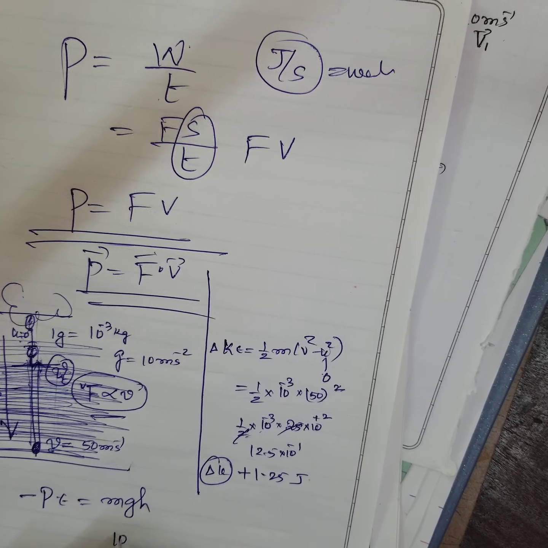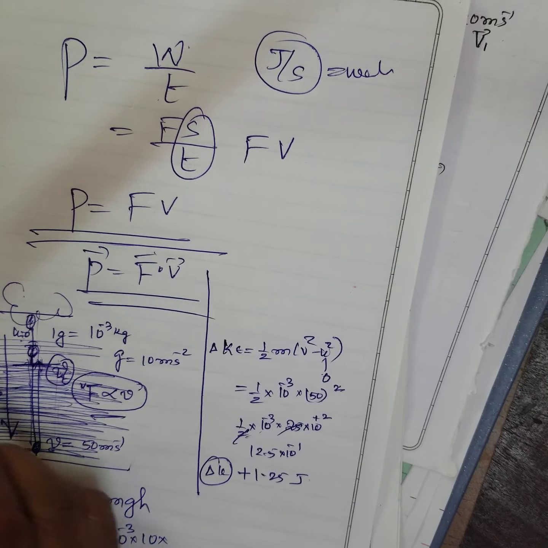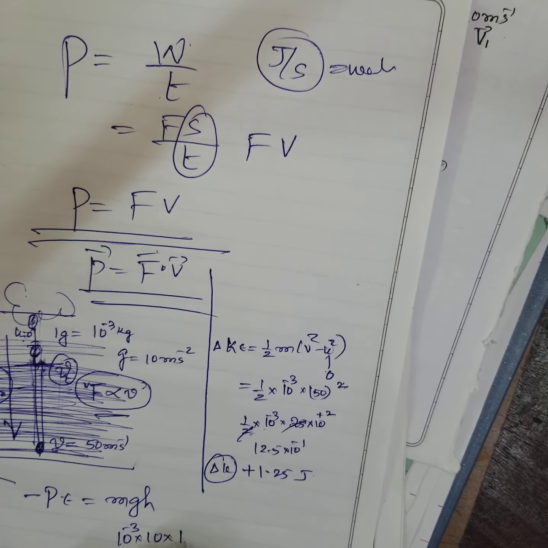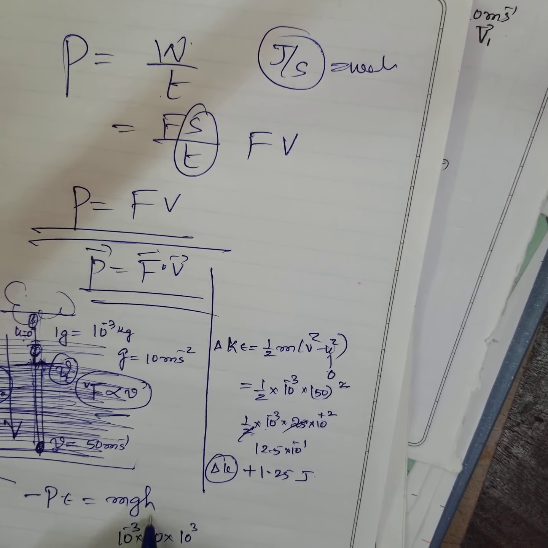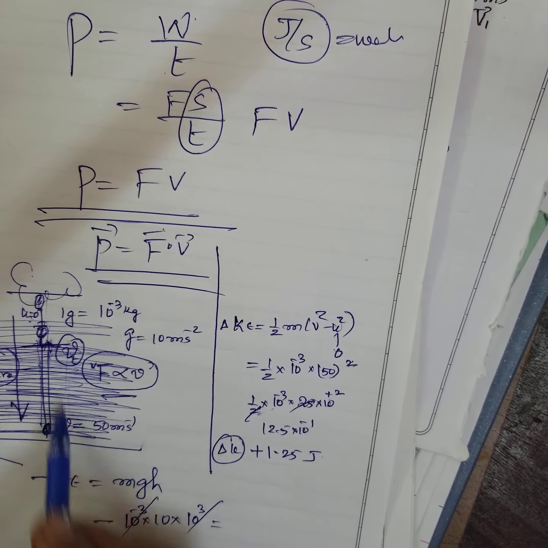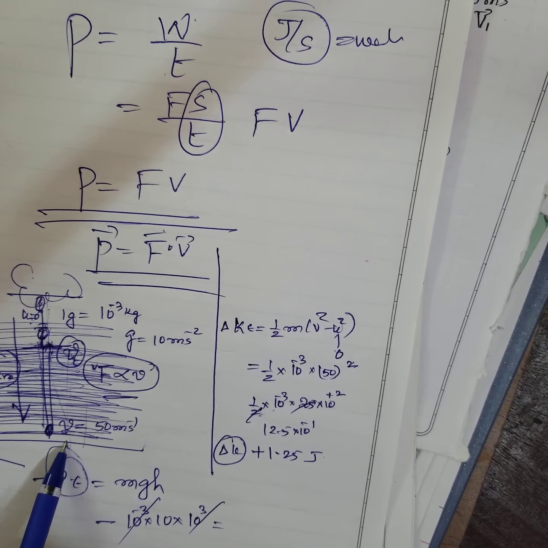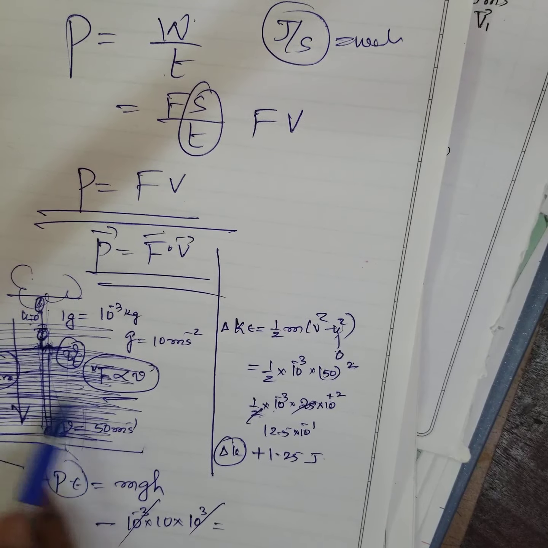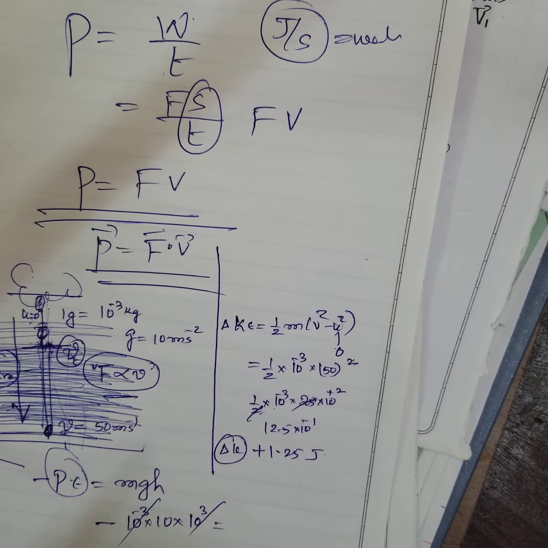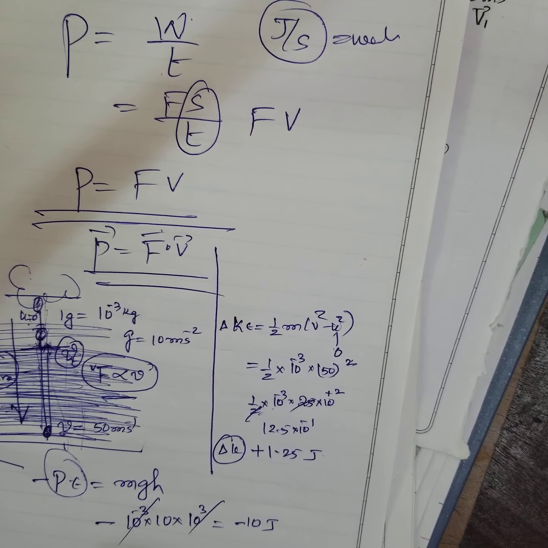Mass is 10 to the power of minus 3 kg, g is 10, height is 1 kilometer, which means 10 to the power of 3 meter. Both get cancelled. This is negative, because it is work done against the resistive force, against the buoyant force. Therefore, minus 10 joule.